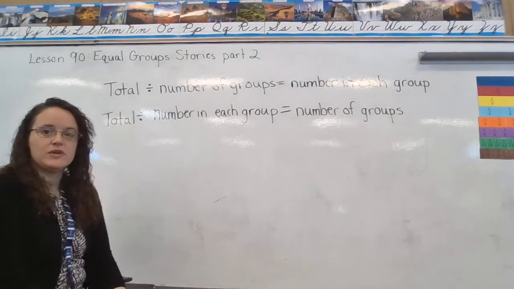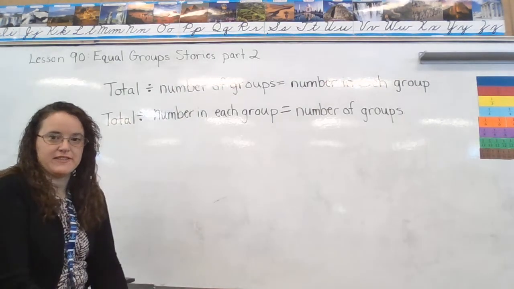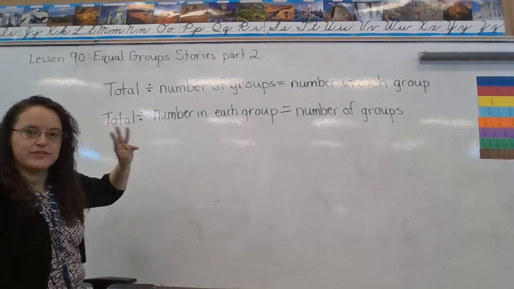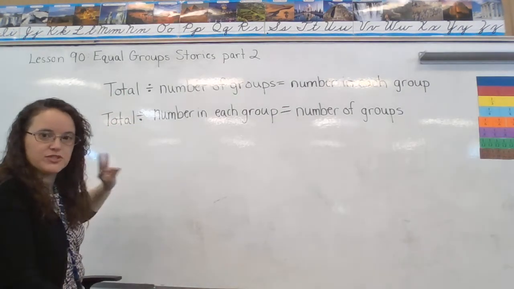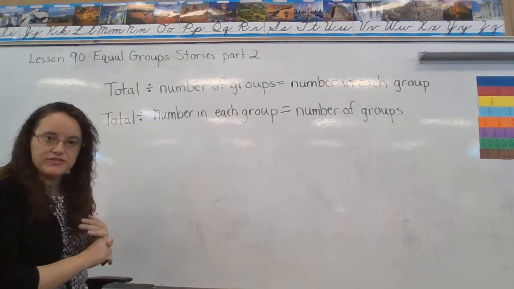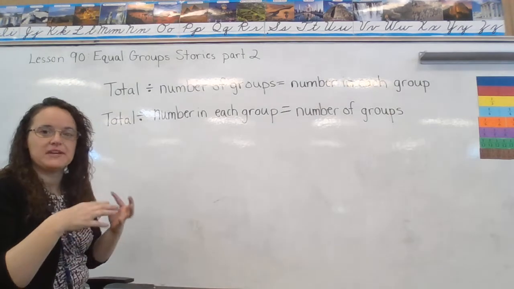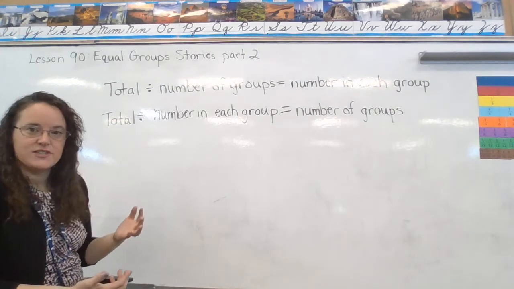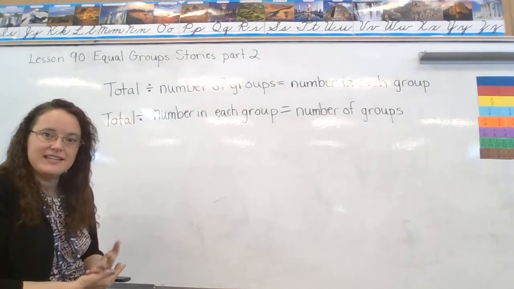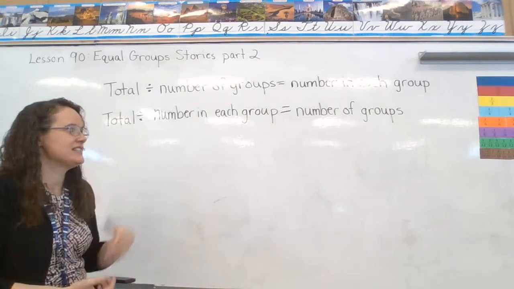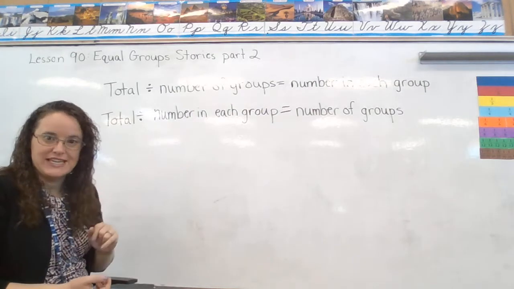If you recall from the last time we talked about this concept, we've got three different numbers involved in an equal group story. We've got a total, we've got the number of groups, and we've got the number in each group. Well, there's two ways we can solve this problem depending on what information is given to us versus what information we need to find.